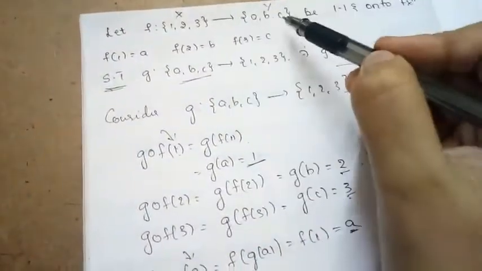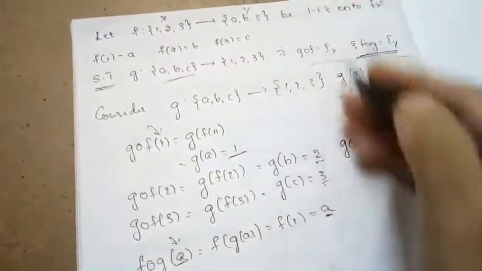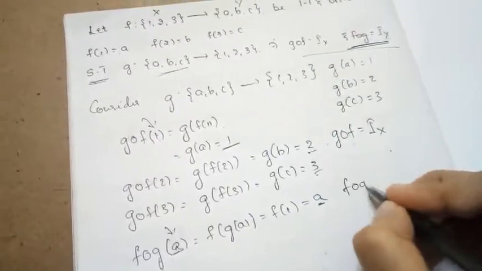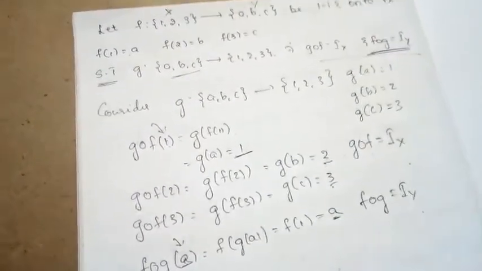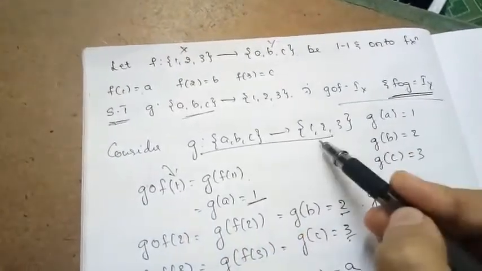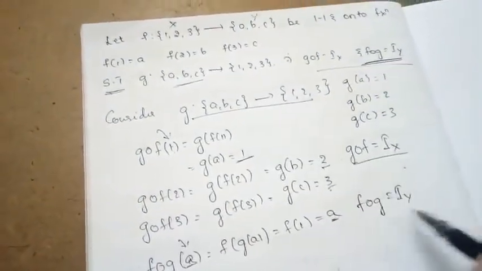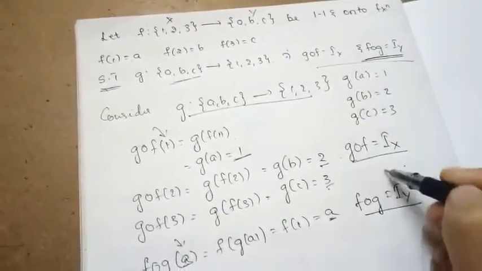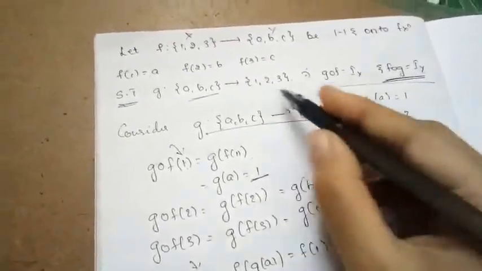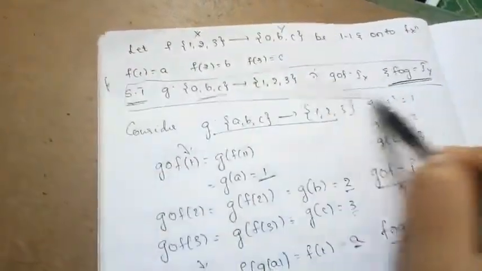All those inputs belong to the set y, and the output also is the same element from the set y. It is clear that fog is equal to iy. So you have defined a function g like this and shown that gof is equal to ix and fog is equal to iy. When you show these two, you have proved what they have asked.